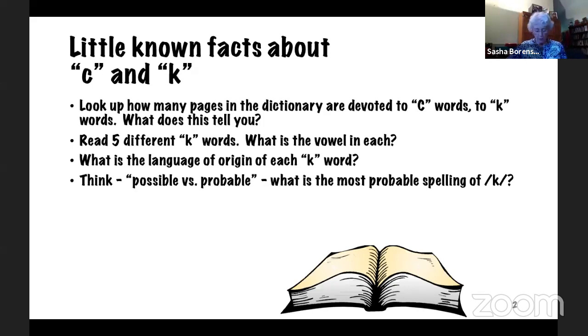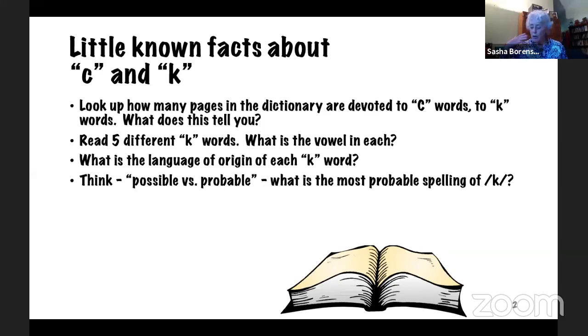We have the word kedgeree. Kedgeree is an Indian dish. We also have a kilt, which does have an I, so you can't put a C there, but we have kimono. And we also have a lot of Anglo-Saxon words: kiss, kitten, kind, king, kin. We also have kiwi.